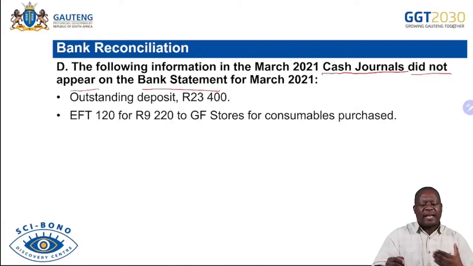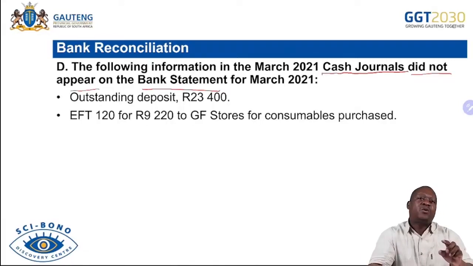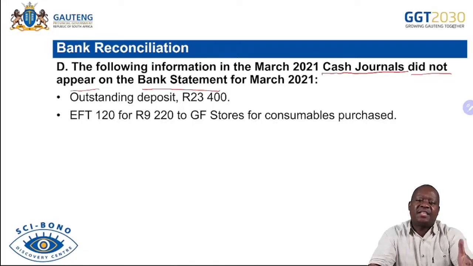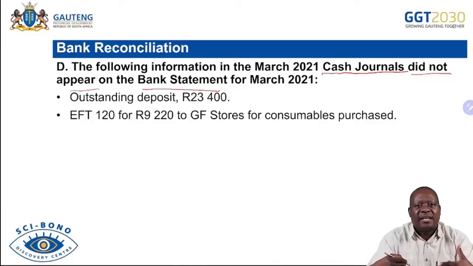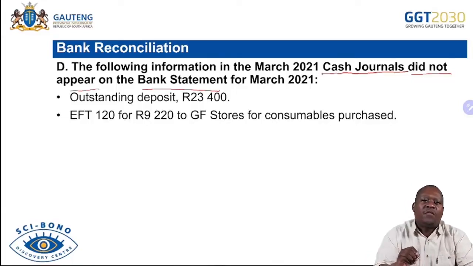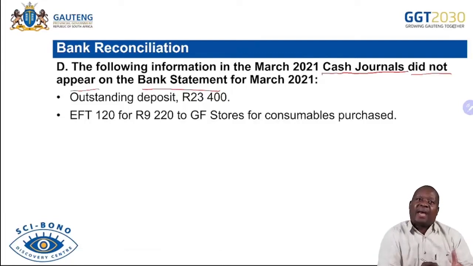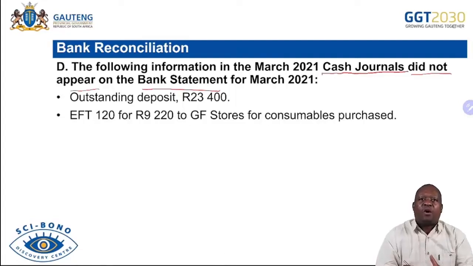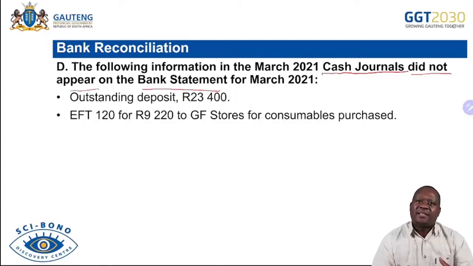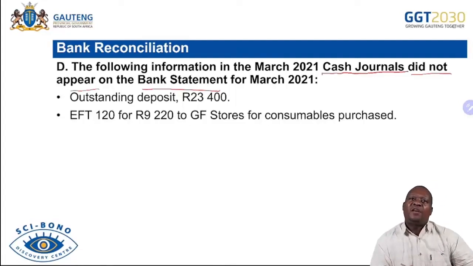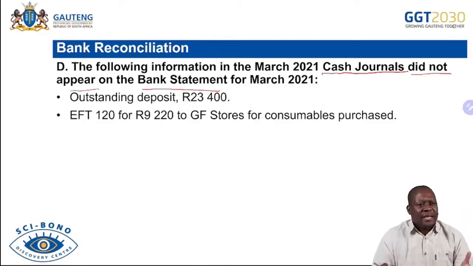Now, what is an outstanding deposit? An outstanding deposit is cash that has been received by the business and recorded on the CRJ. And then the next step is for that cash to be taken to the bank. So let's assume we are taking this deposit to the bank on the 28th, but the bank meanwhile has already sent us a statement on the 27th. What does that mean?